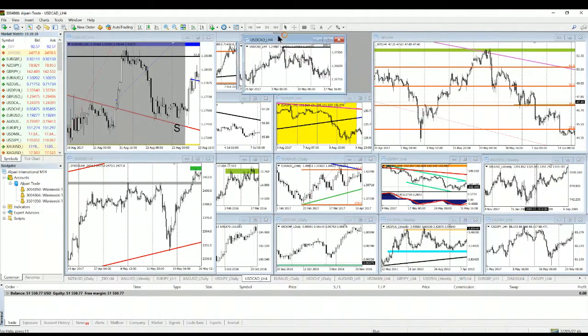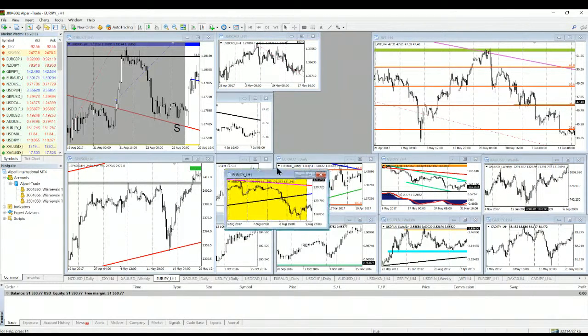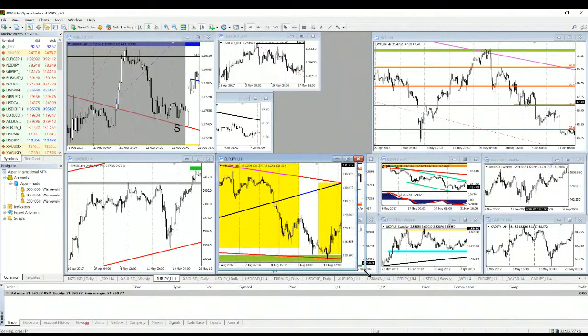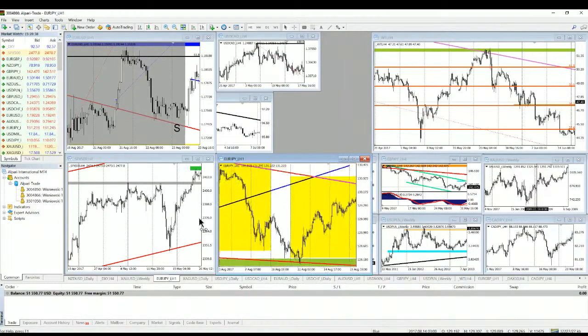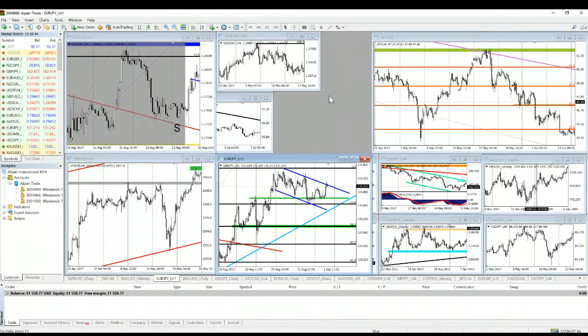I want to see American dollar to Canadian dollar. Oh, and euro to Japanese yen, because I was telling that it's a good opportunity if you want to avoid non-farm payrolls. Yes, that's a good combination of instruments.